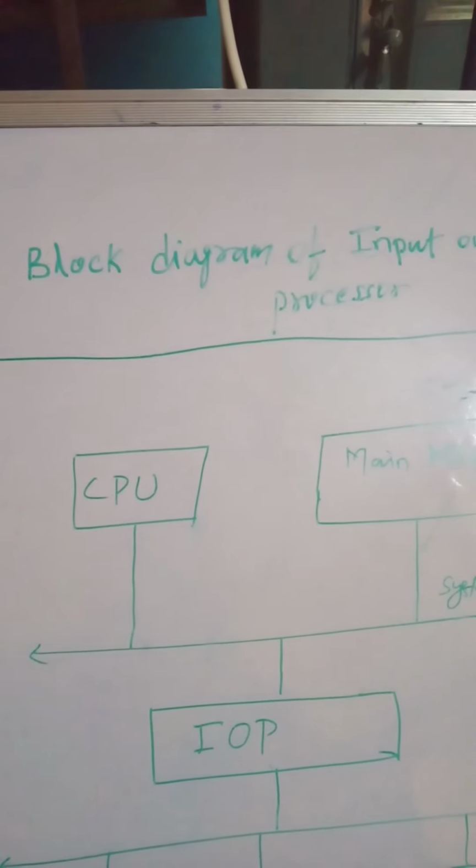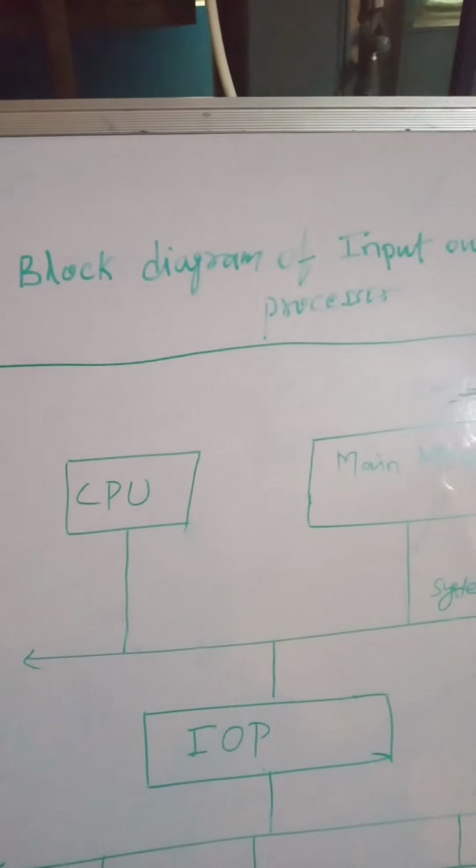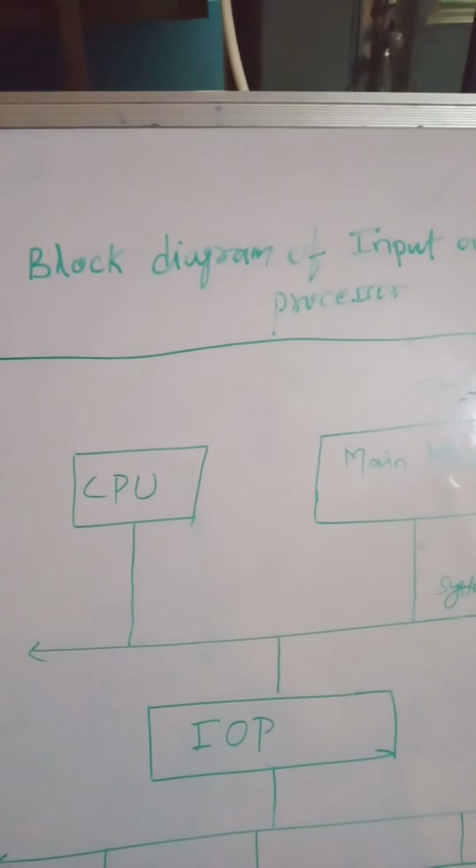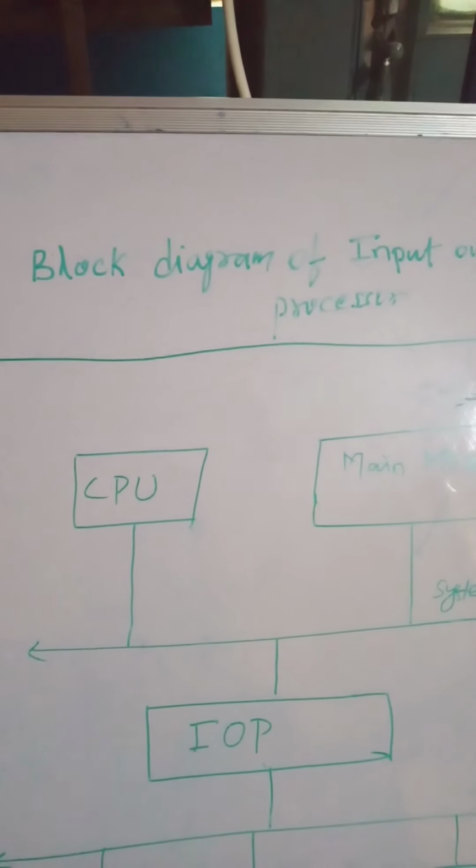The main memory unit takes the pivotal role. It communicates with processor by the means of DMA.